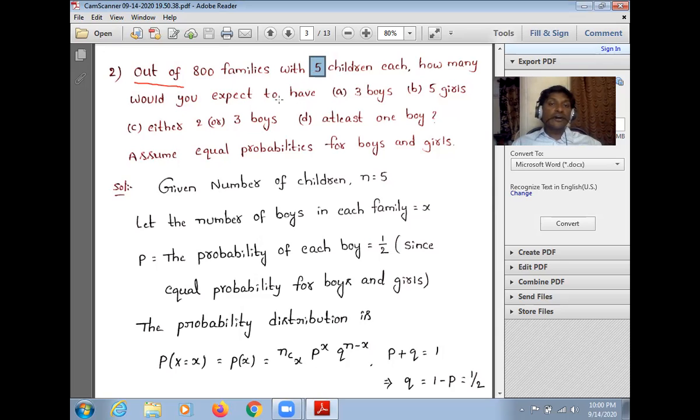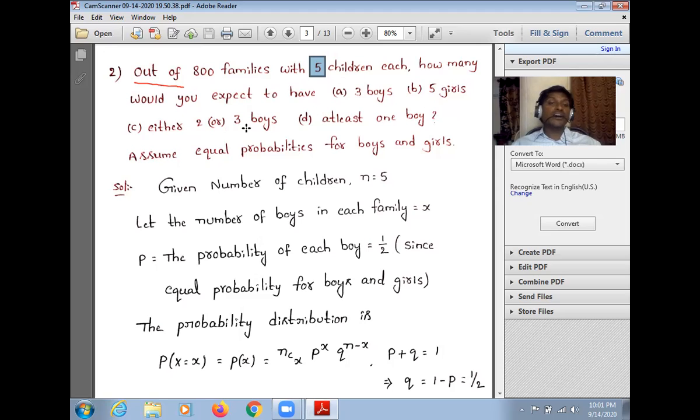How many would you expect to have, meaning how many families would you expect to have 3 boys? And 5 girls, meaning each family having 5 girls among the 5 children. They are asking specifically for 3 boys, how many families, and for 5 girls, how many families.